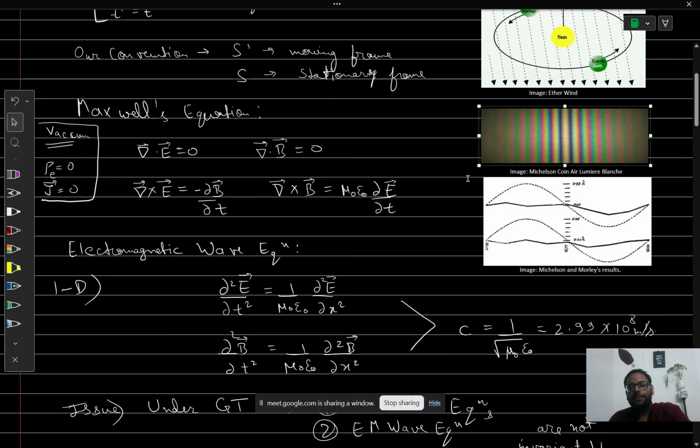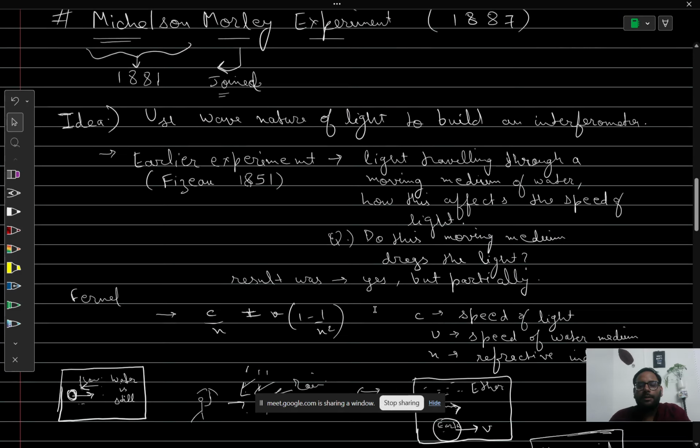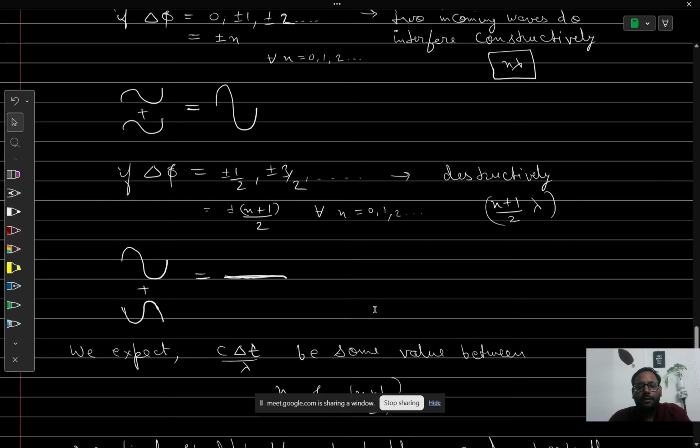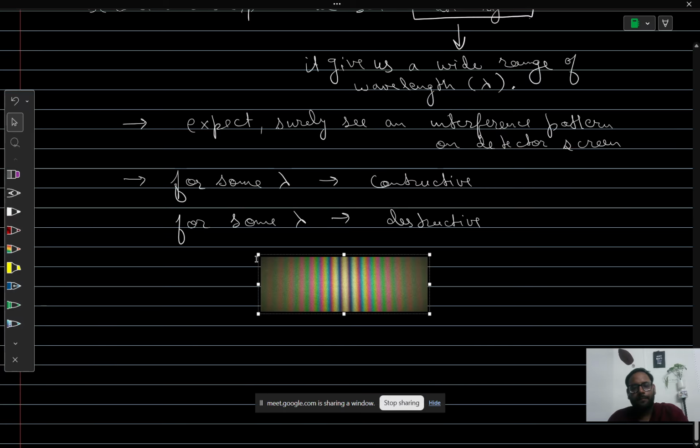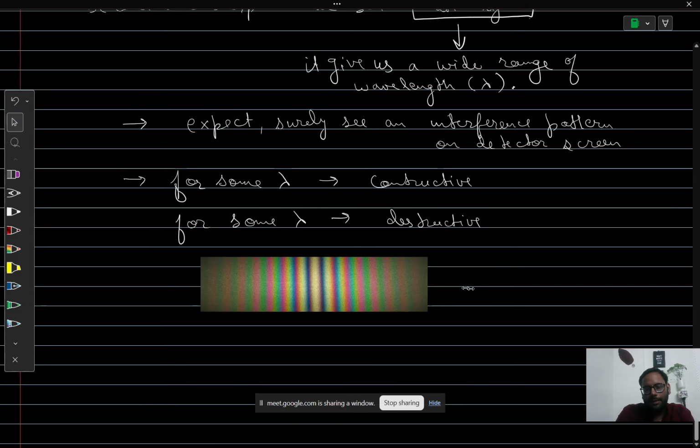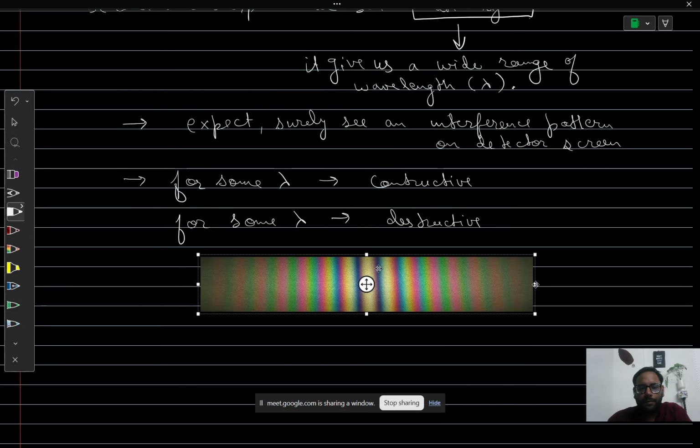This is the fringe from the Michelson-Morley experiment. Michelson and Morley have seen these kinds of fringes. These are constructive and these are destructive ones.